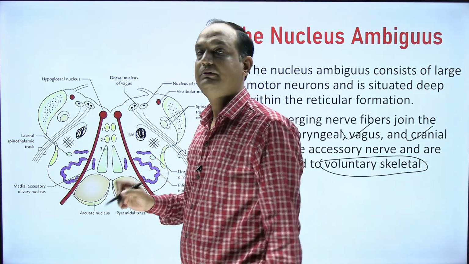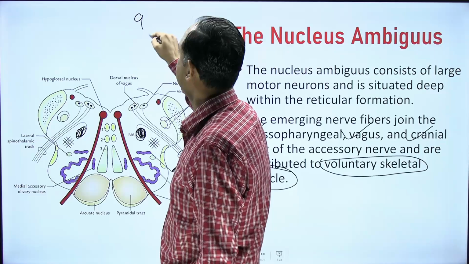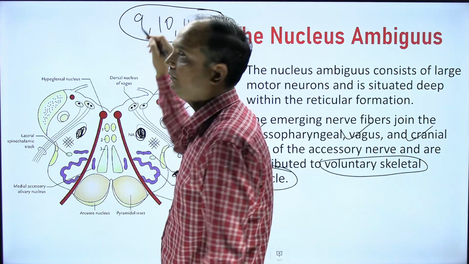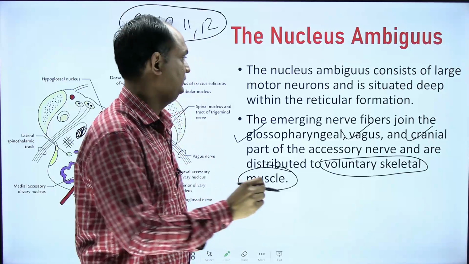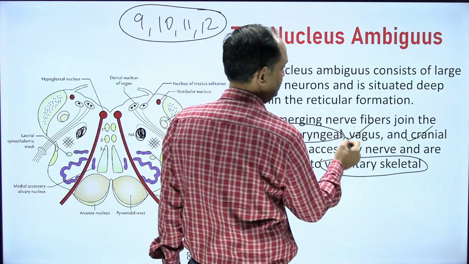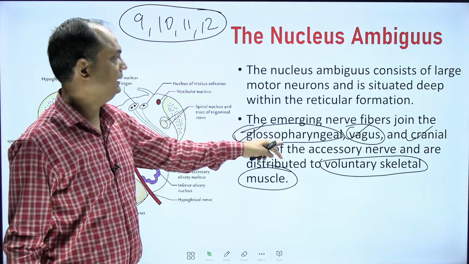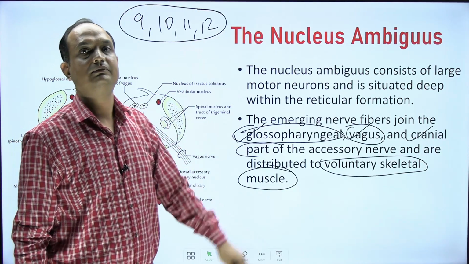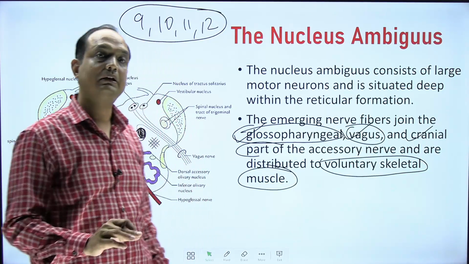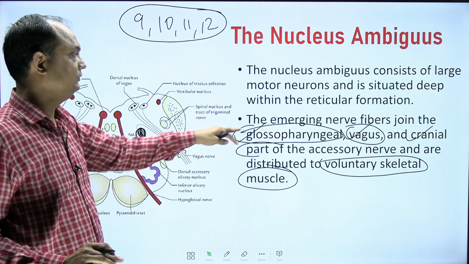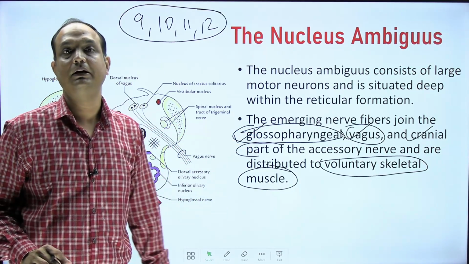Because we are dealing with the lower four cranial nerves, that means 9, 10, 11 and 12, which exit from the medulla, here also you will have the glossopharyngeal, vagus and cranial part of the accessory. So this will come under this area. That's why you have to draw the nucleus ambiguus also, because the nucleus ambiguus is the nucleus of the glossopharyngeal, vagus and cranial part of the accessory nerve.